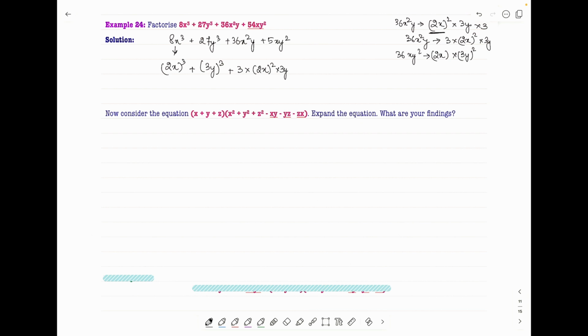You see, 2 into 3 square, 3 square is 9, 9 into 2 is 18, 18 into 3 is 36.